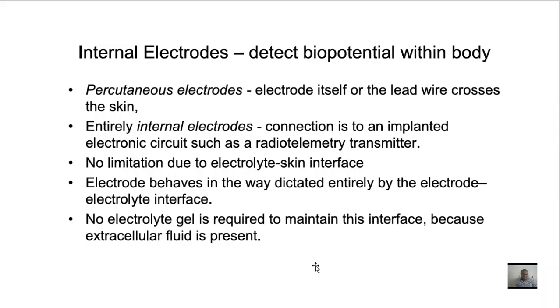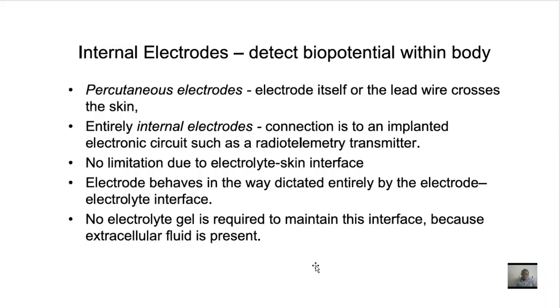Next one is entirely internal electrode. In an entirely internal electrode, the connection is to an implanted electronic circuit such as a radio telemetry transmitter. The electrode is entirely available within the body. It is called entirely internal electrode.